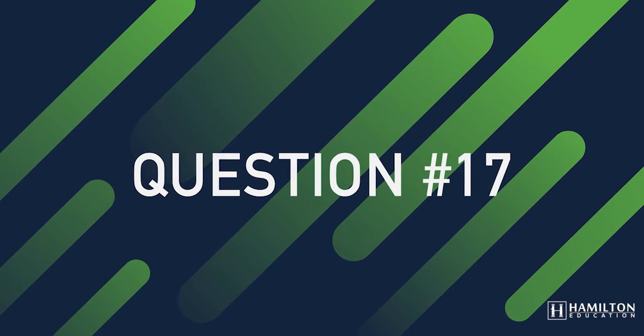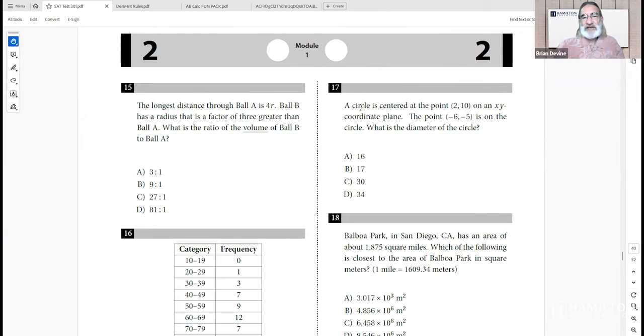Question 17. In question 17, a circle is centered at the point (2, 10) on an XY coordinate plane. And we know that the point (-6, -5) is on the circle. And I have to find the diameter of the circle. And I know that the diameter equals 2 times the radius. And the radius is going to be the distance between the center and a point on the circle.